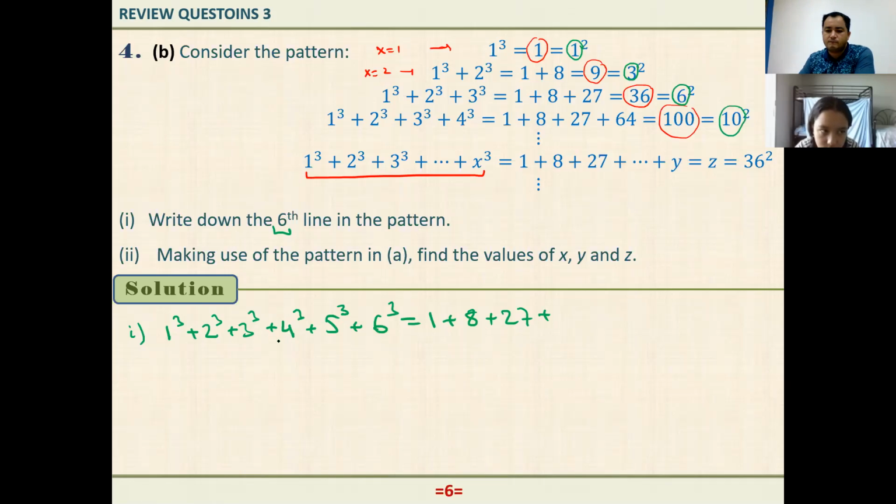4 times 4 times 4. What is 4 times 4? 16. 16 times 4?